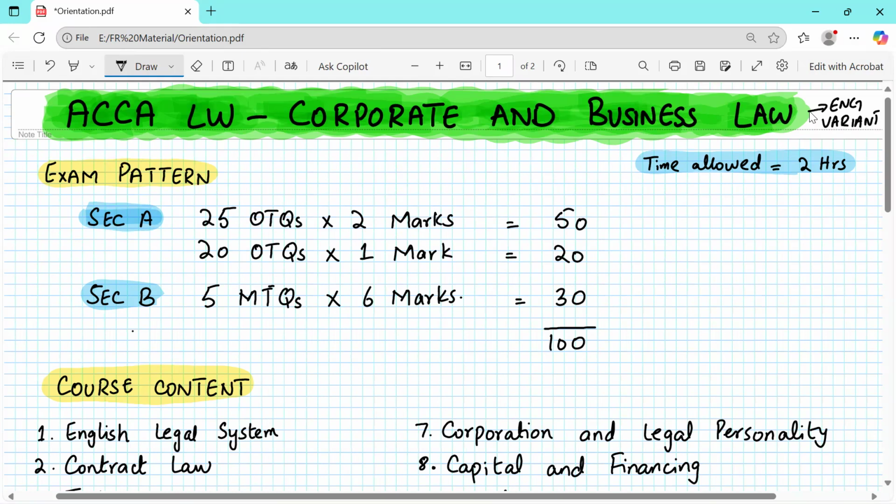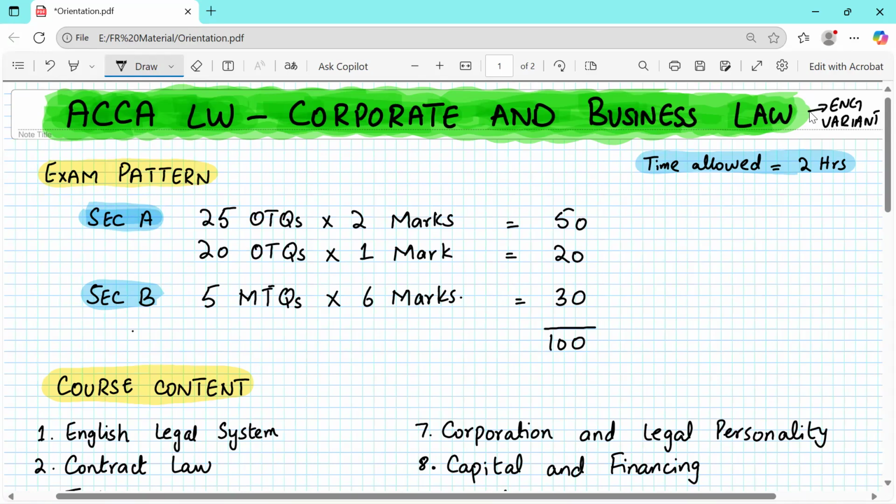Before that, you all know that this is basically the skills level exam, first skills level exam of ACCA. If you look at the other skills level exams from PM till FM, there are constructed response questions in those exams as well. Like you have to draft the answer on Word, you have to draft the answer on Excel. But here, this is not the case.